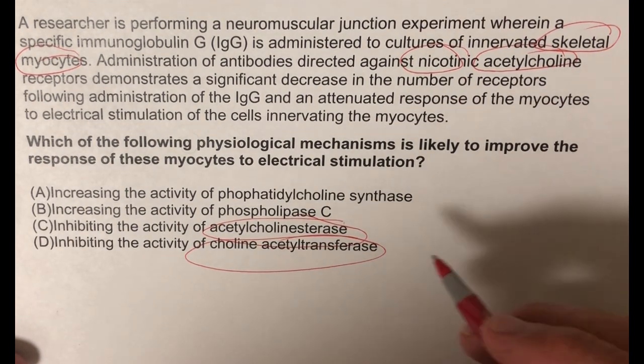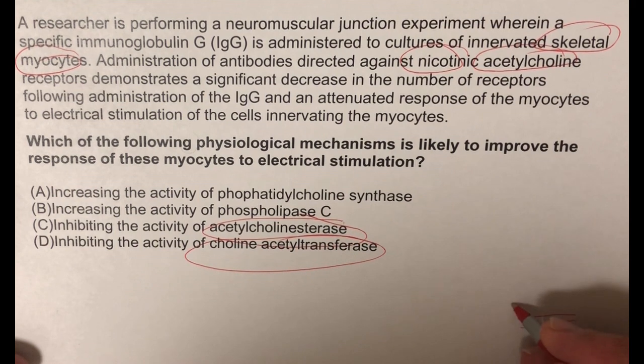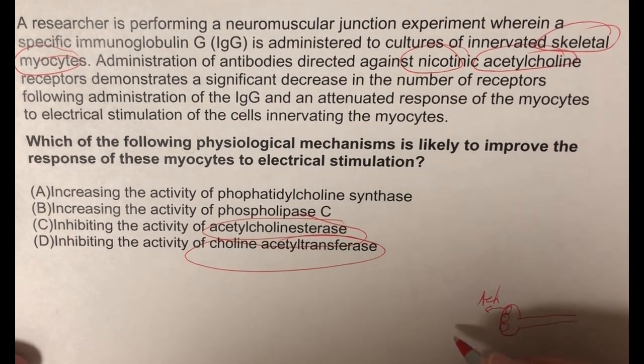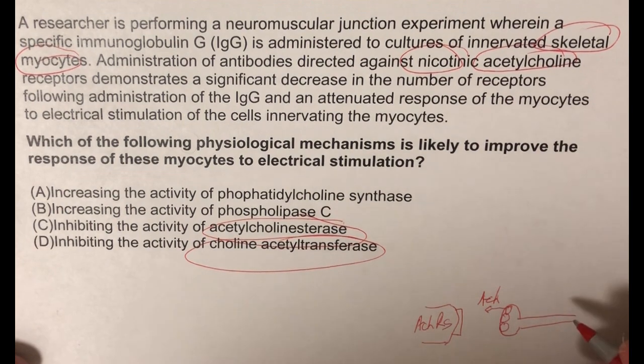Well, we know if we inhibit the activity of acetylcholinesterase, here's the motor neuron, and here are the vesicles in the motor neuron that release acetylcholine. Here is the skeletal muscle, and the skeletal muscle has receptors called acetylcholine receptors, AChRs.